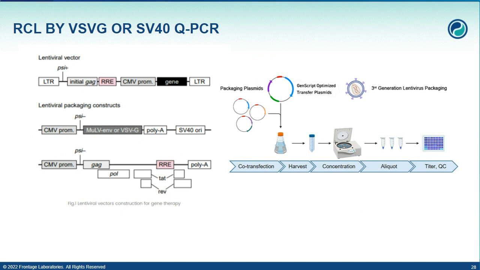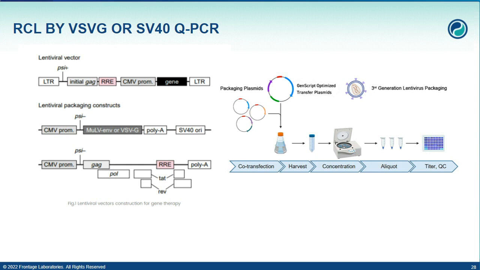This slide shows the construct of the lentivirus packaging plasmid. It shows it contains the VSVG and SV40. So that's how we determine the VSVG and SV40 by Q-PCR for RCL assay.